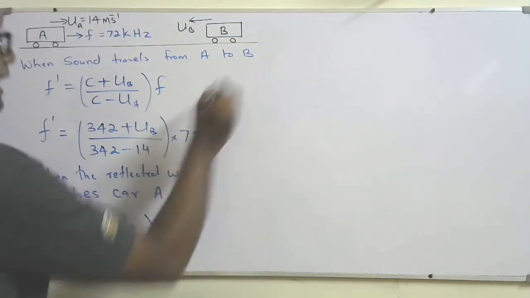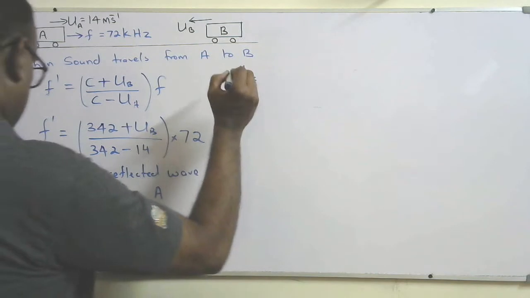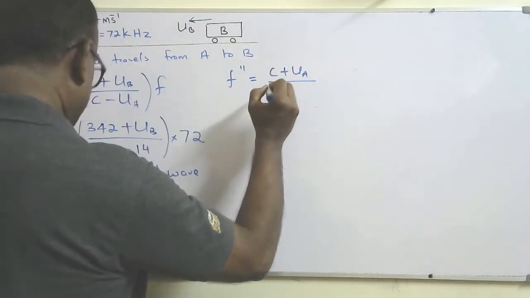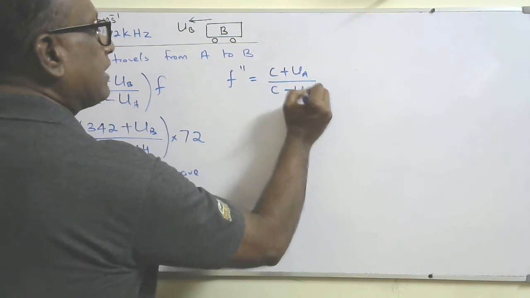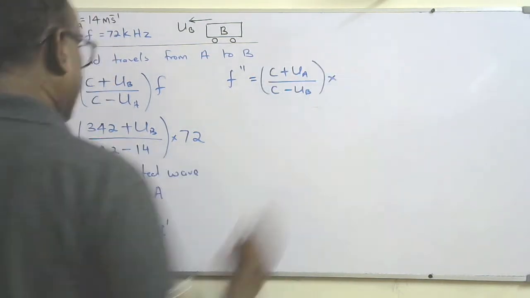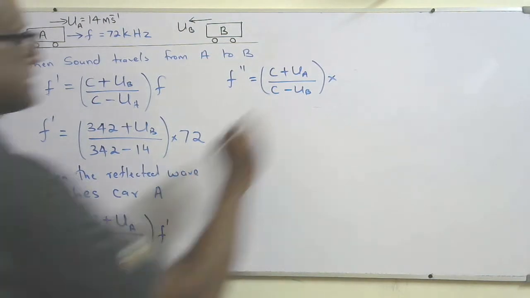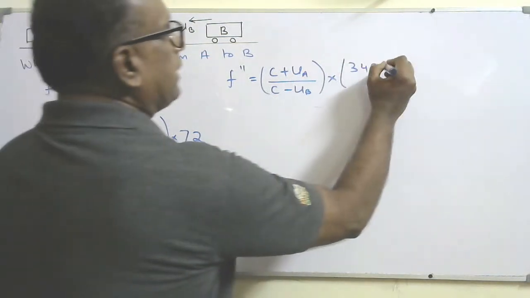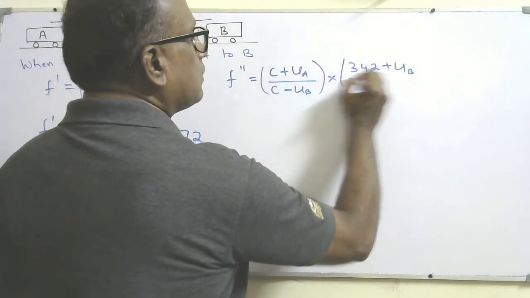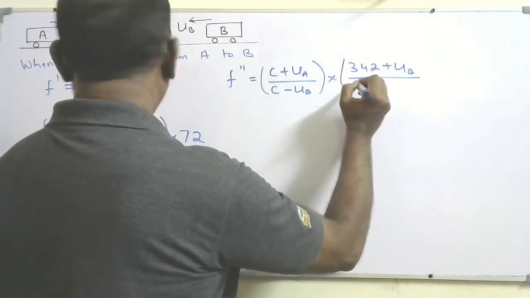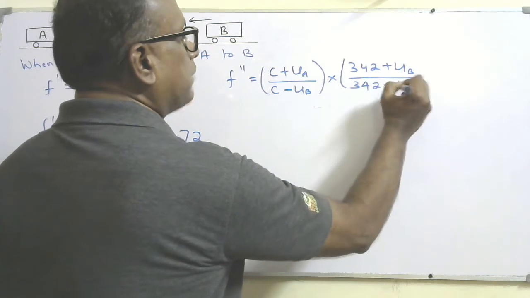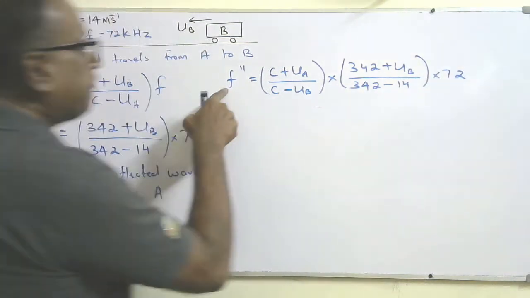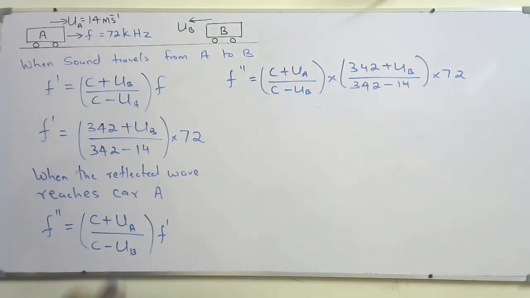So f double dash equals C plus UA over C minus UB, into, instead of f dash, 342 plus UB over 342 minus 14 into 72. I know that f double dash is 83.